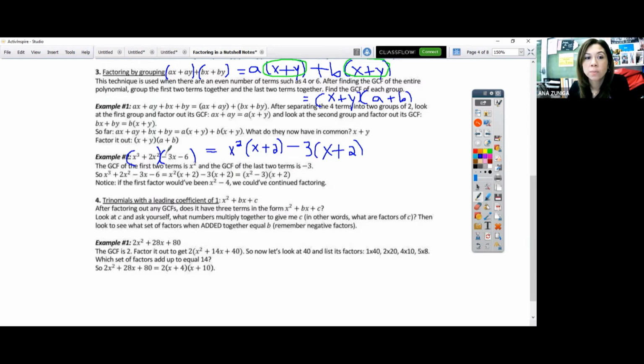Okay, so when I grouped them, I included the minus, I factored it out, and that makes this positive. So now I am happy because I notice I have x plus 2 in common. So I'm going to pull that common factor out, x plus 2.